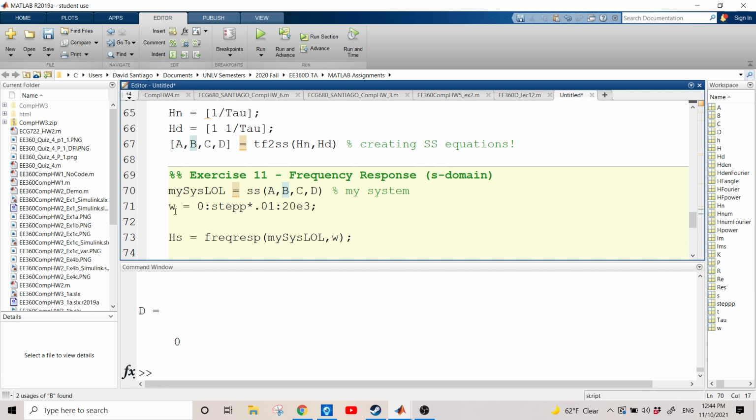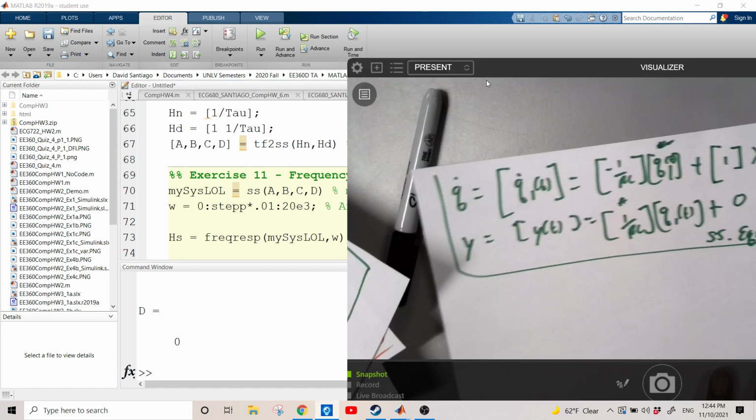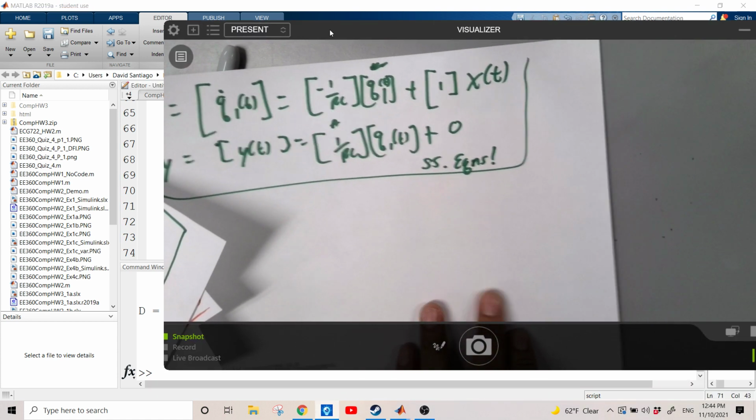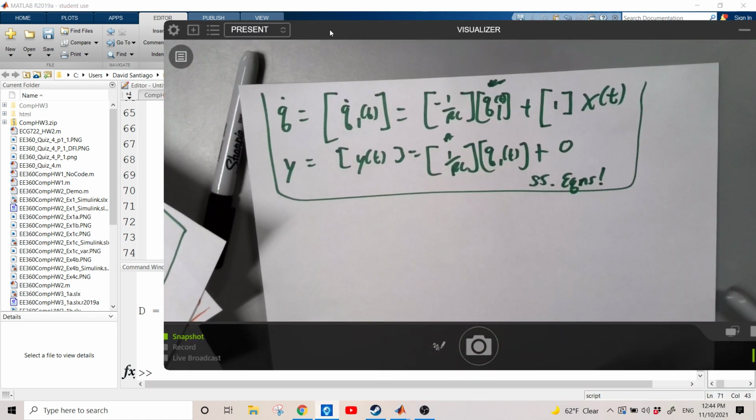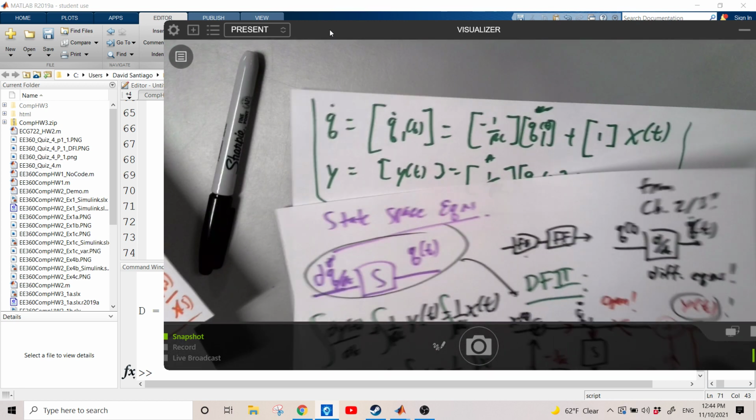And then this right here is your frequency, or angular frequency. Okay. Remember, we're not looking at F. We're actually looking at S. So in reality, let me show you.